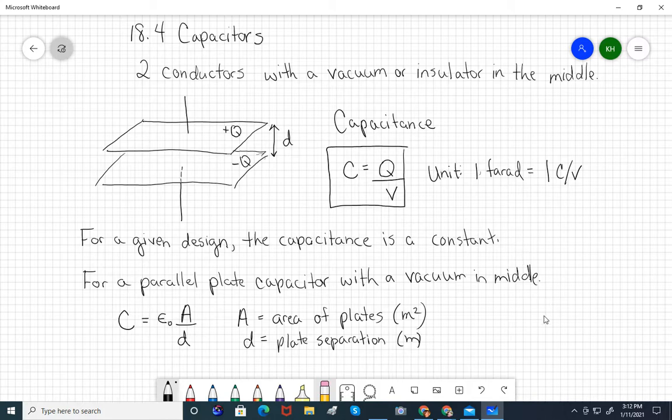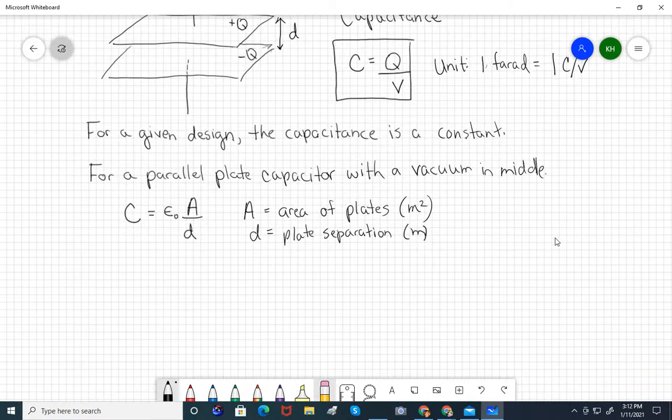And finally, we have this constant. This constant shows up a lot in electromagnetic theory. It's called vacuum permeability, and it equals 8.854 times 10 to the negative 12 Coulomb squared per Newton meter squared.